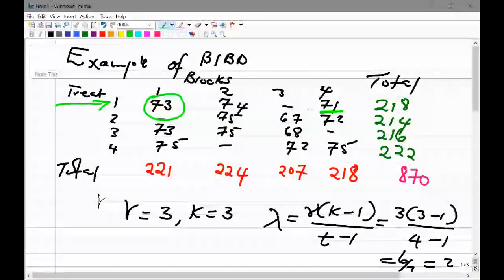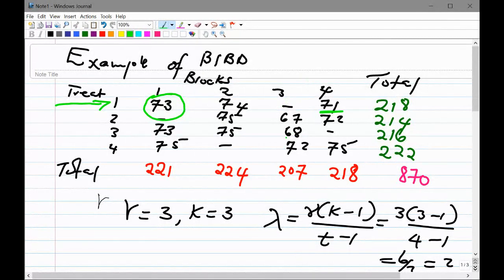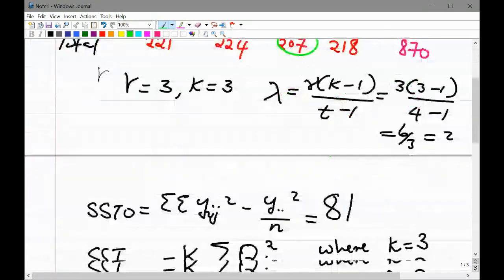Where we don't have the value, like in this case, the total in line with that block will be affected. So when you find Q1, you will multiply this 207 by 0.